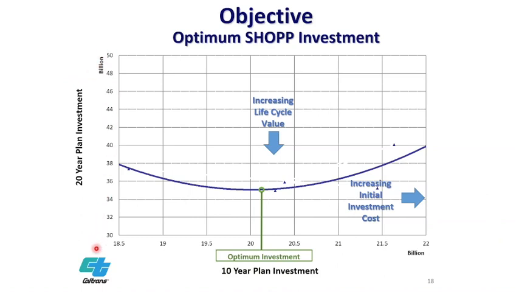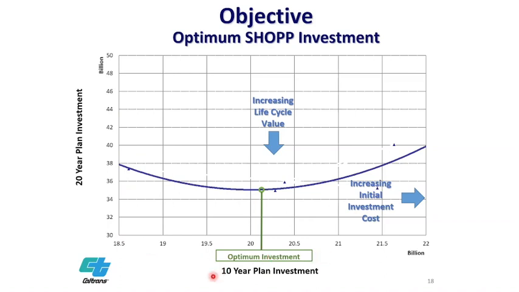So with these two coordinate systems, if you read this for the first time, you've got to be really focused. This is the 10-year plan investment dollar. These are the 20-year plan needs dollar. When we plot these two together, we see a U-shaped curve. And why is it a U-shaped curve?